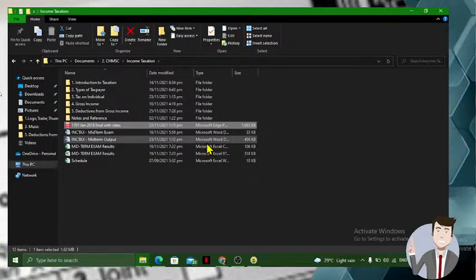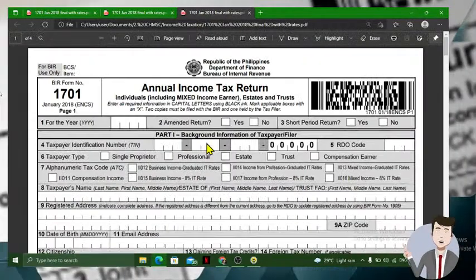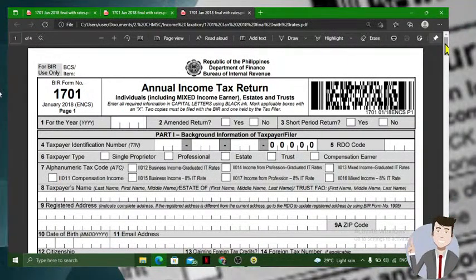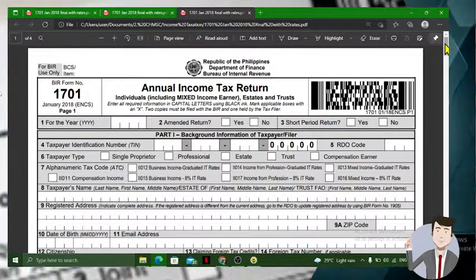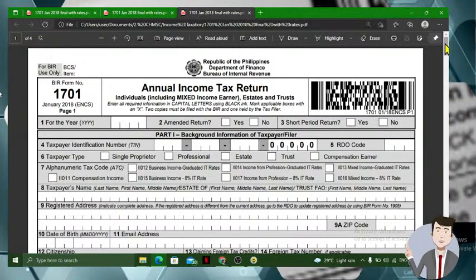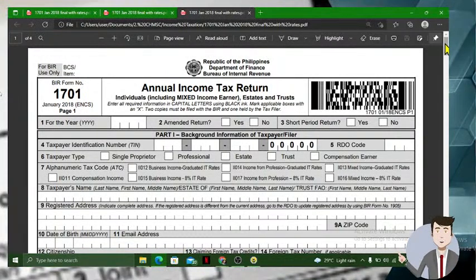Okay, so the same return that you see here, guys, in the eBIR Forms package, has blank portions where you can encode your details. Then the BIR package will generate a format that is compatible with the format of the Bureau of Internal Revenue.